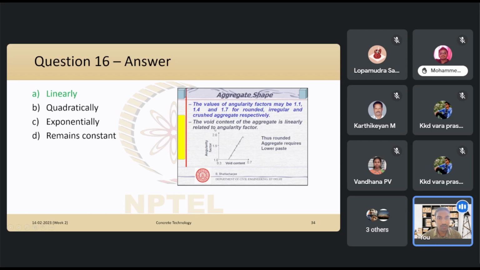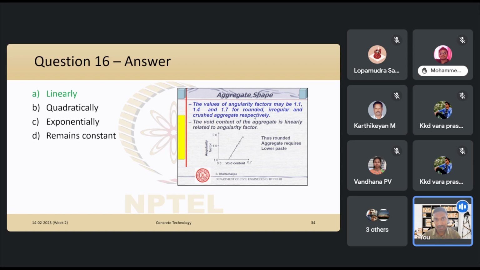We saw that the angularity factor is related to how irregular a particle is. If the angularity factor is higher, the more irregular is the shape of the particle. So more irregularity means there will be more voids, because we know that for the spherical shape we have the least amount of voids, or the highest packing density compared to an irregular shape.